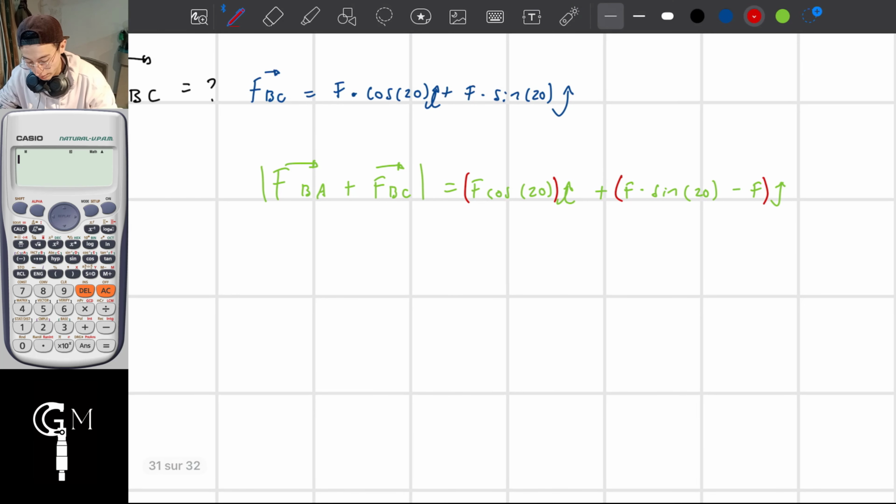Now the magnitude, this is not the magnitude, this is the summatory. Now I'm going to determine the magnitude.